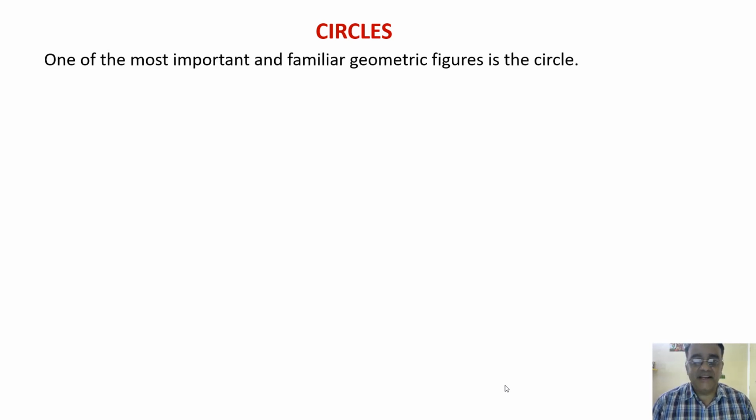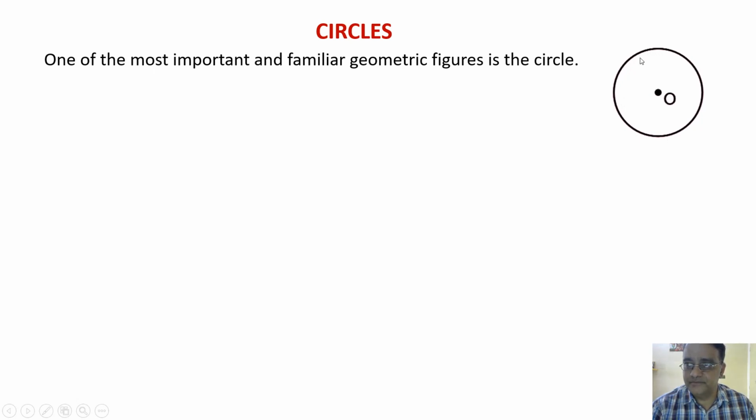Right. So one of the most important and familiar geometrical figures is the circle. A circle is a simple closed curve, all of whose points are at the same distance from the given point.